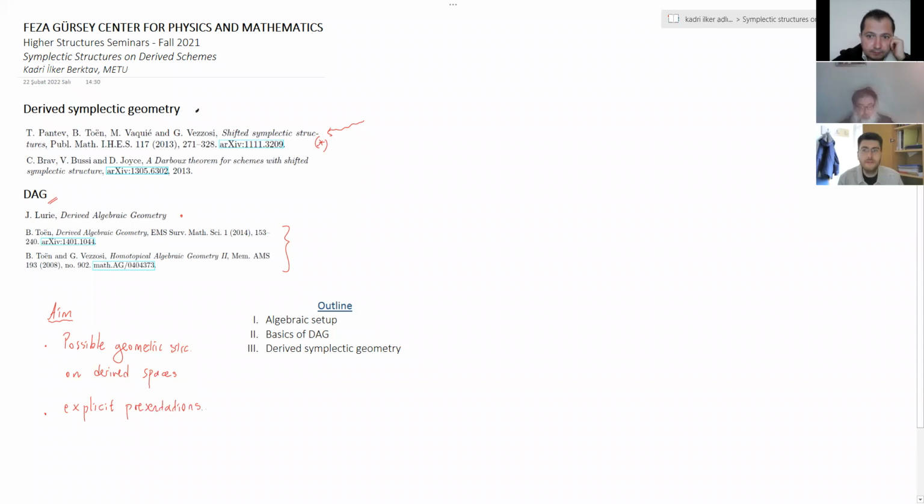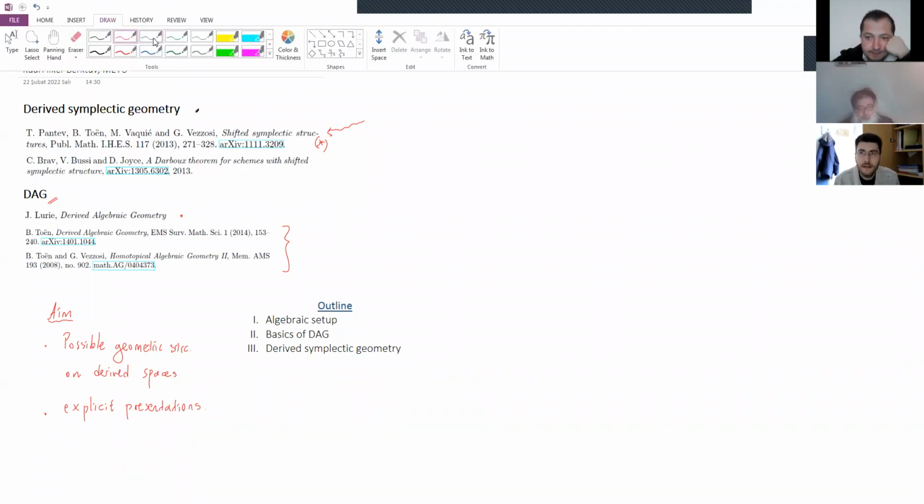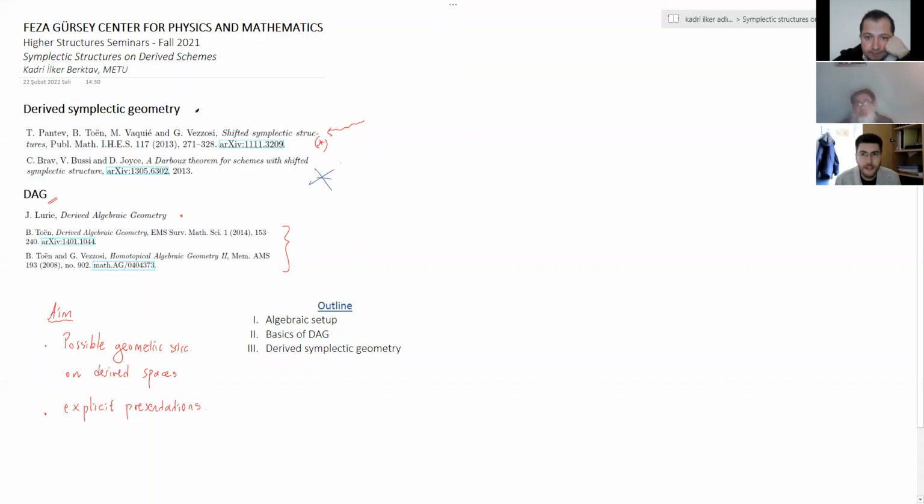Explicit presentations for those structures is exactly the place where this paper, the second one here, enters the picture. We will follow this paper. Brav, Bussi, and Joyce give the local models for those structures.